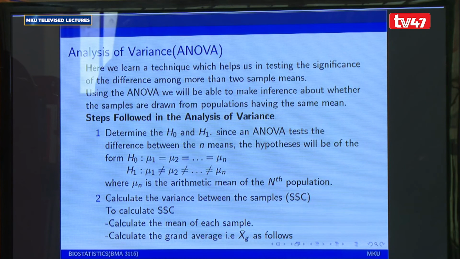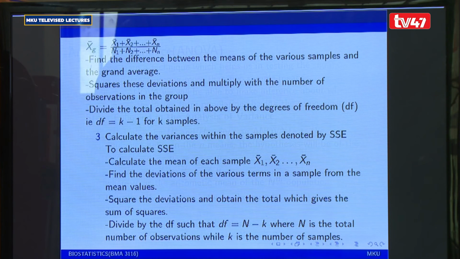We label it X bar G. That is calculated as follows. Xg is equal to the summation of each of the means divided by the total number of observations in each group. So if each group has 5 observations, then you'll take the 5 means, sum them, then you sum the 5 observations, then that is 25, then you divide with the total.